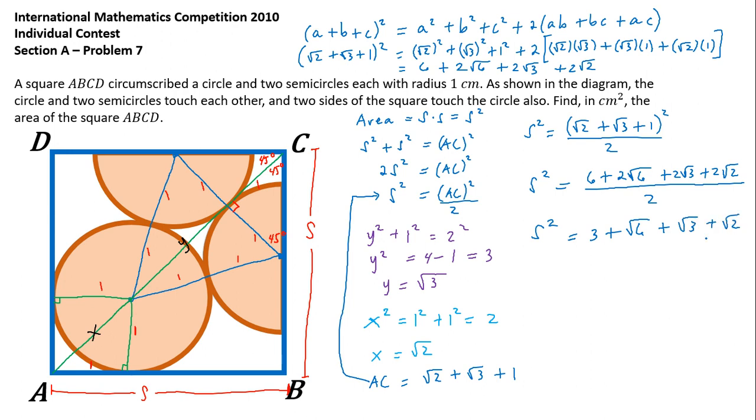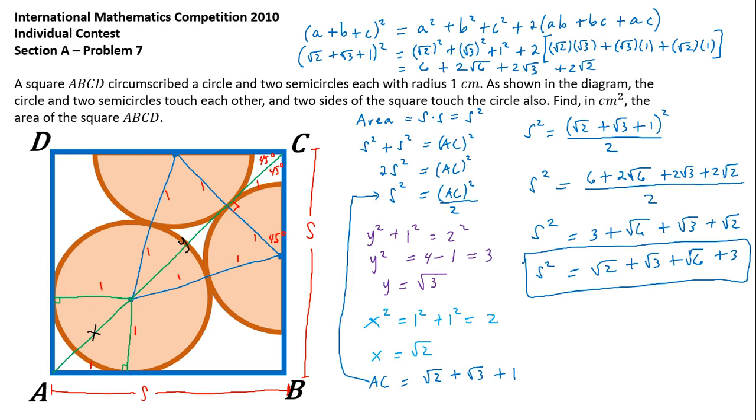Okay, so we can rearrange this to look better, but it's not really necessary. So this is square root of 2 plus square root of 3 plus square root of 6 and then plus 3. Okay, so this is now the area of the square in cm squared.